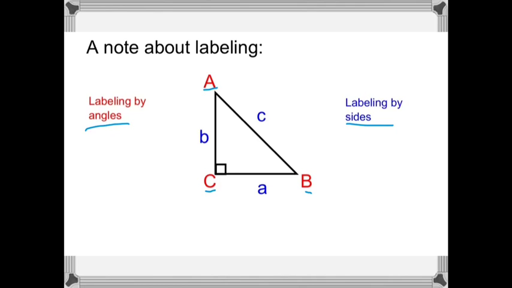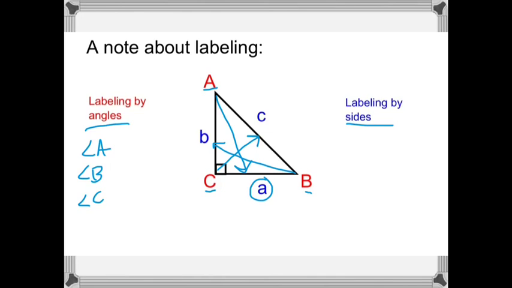So for instance, I have angle A, angle B, and angle C in this triangle right here. And if we label it by sides, what we do is we draw a line from the vertex of A, and the side that it hits becomes lowercase a. Likewise with C, we draw a line from the vertex of C, and the side length that it hits is lowercase c, and the same with B.